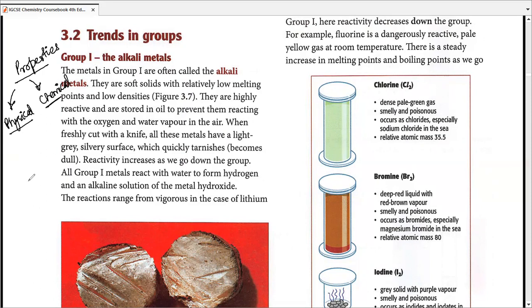Reaction with halogens, chemical property. So all of these come as a part of chemical property. Remember, any discussion about reactivity is also chemical. Loss or gain of electrons or sharing of electrons is also chemical, because that's a part of chemical bonding. So that's how we can easily separate physical and chemical properties.